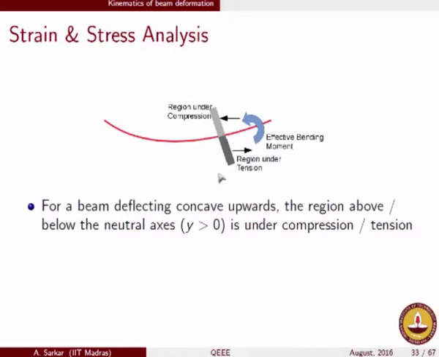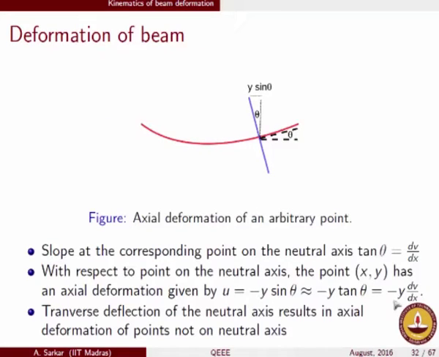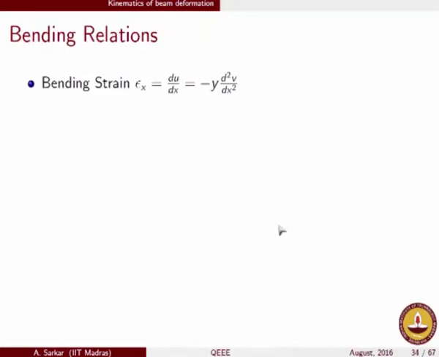We already know what u deformation is. We have calculated this u deformation to be minus y ∂v/∂x, or derivative of v with respect to x. So therefore bending strain is the derivative of u with respect to x, which gives us minus y d²v/dx². So bending strain is minus y d²v/dx².